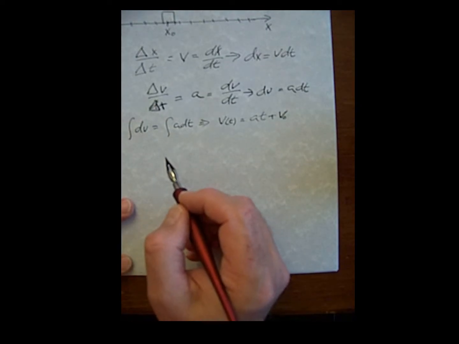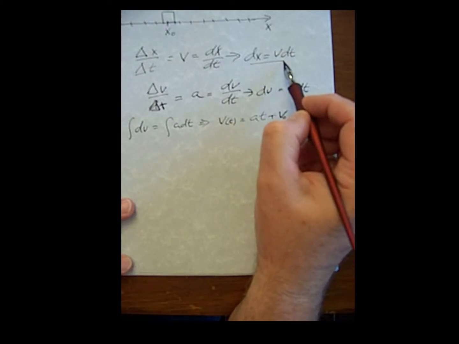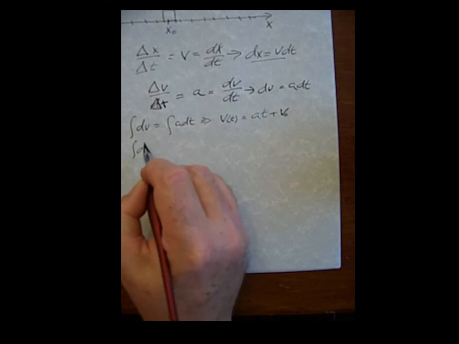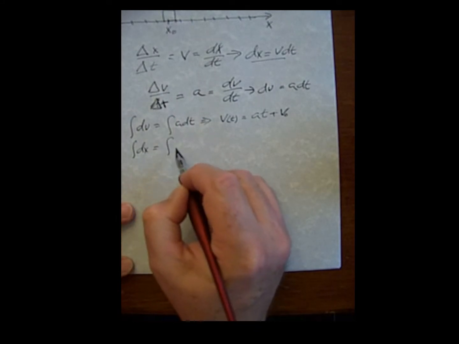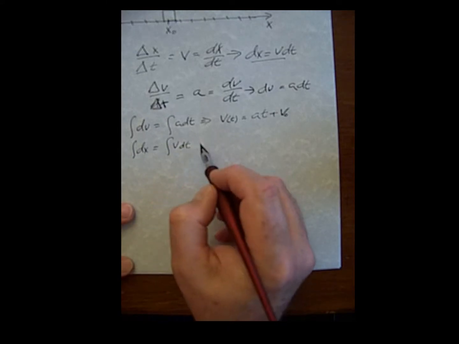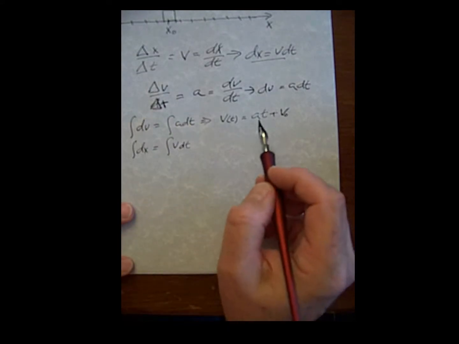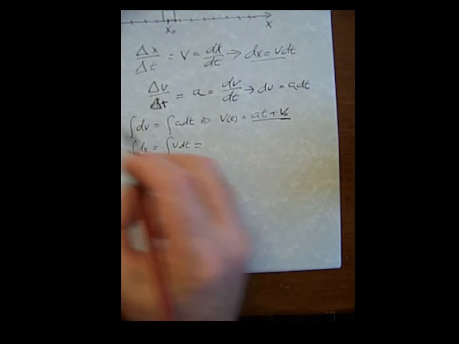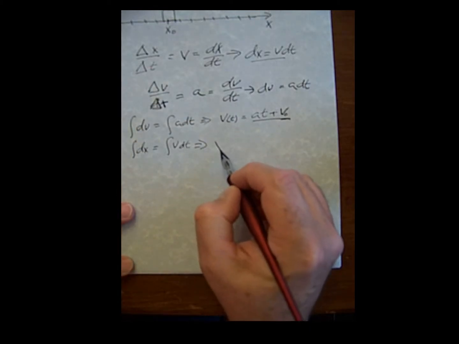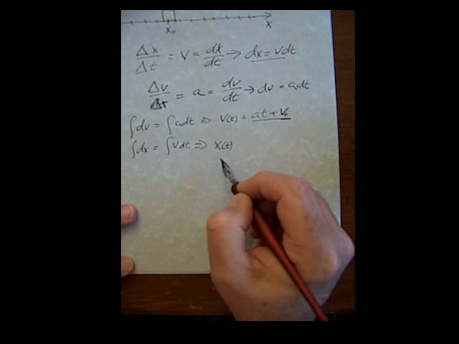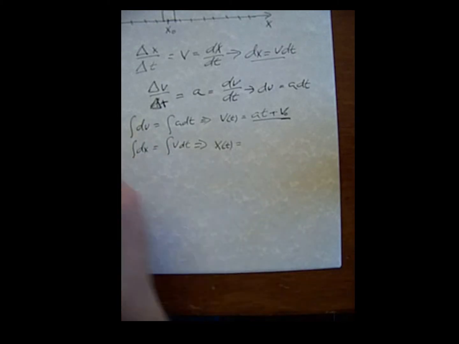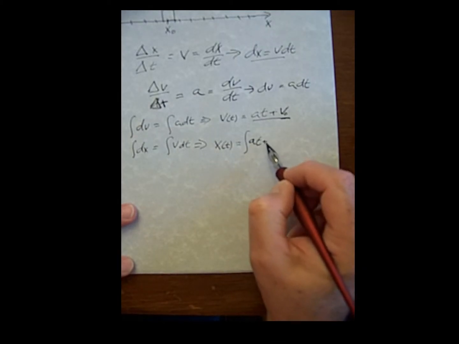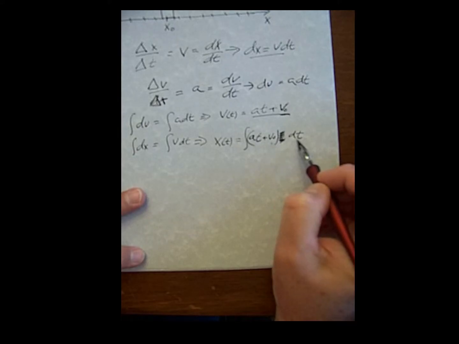And then again, going back to this equation, we do the same thing and we say that the integral of dx equals the integral of v dt. And if we substitute this value in for v, we find that x of t equals the integral of (at plus v0) dt.